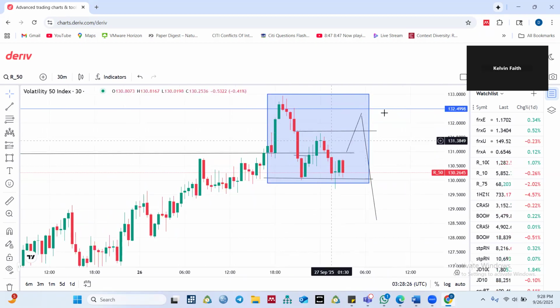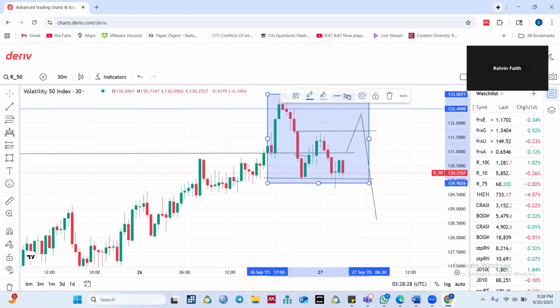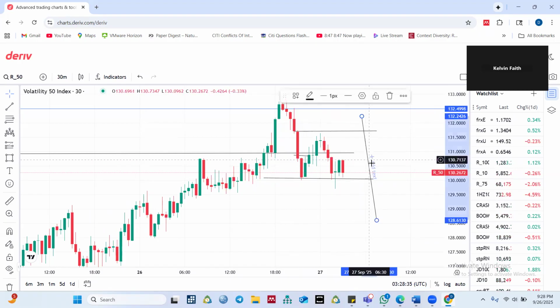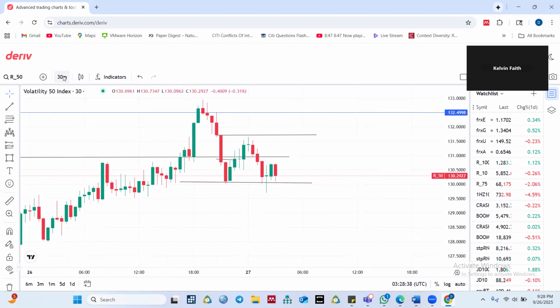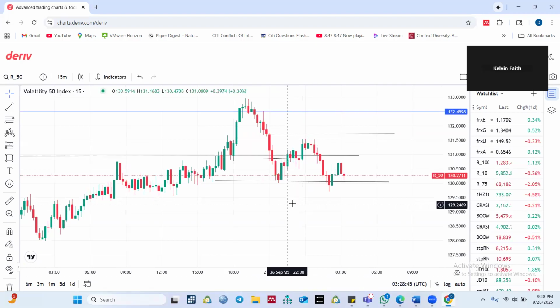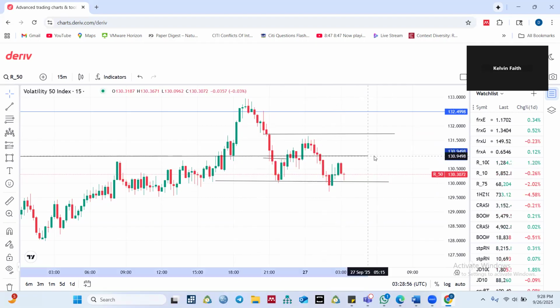Okay, so let's see. Yeah, so I like to put this line here and then take this one off. Let's go to 15 minutes. That's where we'll take the entries if we are to take this trade. So our price pulls back into fair value gap, breaker block, and then pulls down below the magic support line, which is this black line.